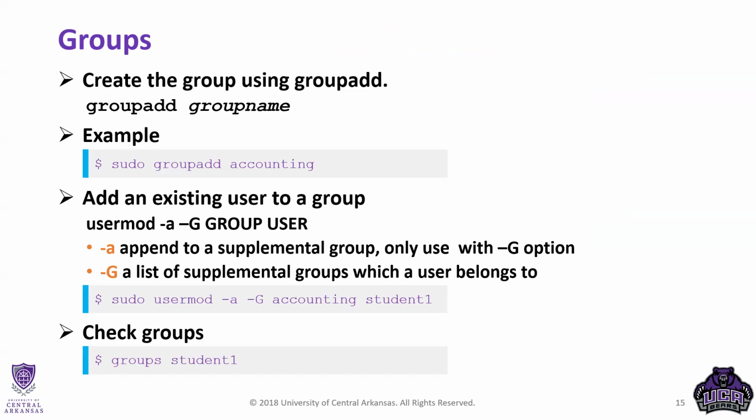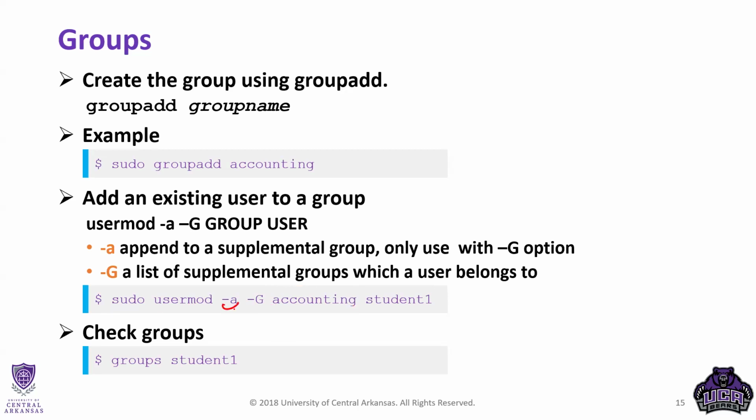Well, I could do it on the front end in the creation, but if I change something and I need to add y'all to another group, then I have to use usermod. And you have to actually do the -aG. But if I was to use usermod and then give it the actual group right here and then reference the student, or the account on here, then it would overwrite all of the membership that student had.